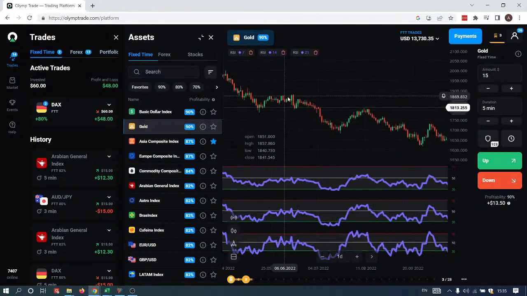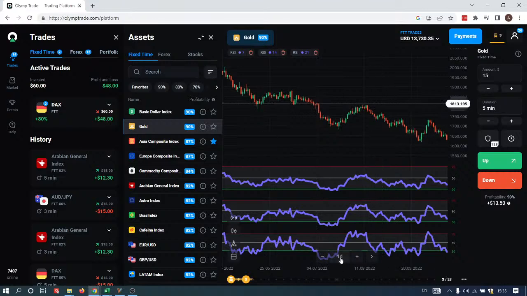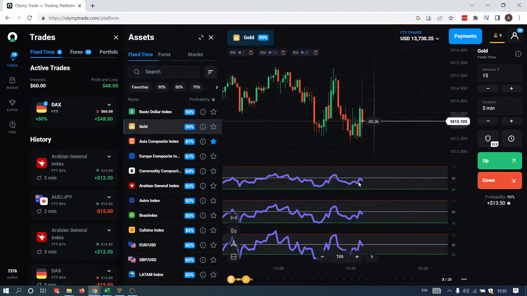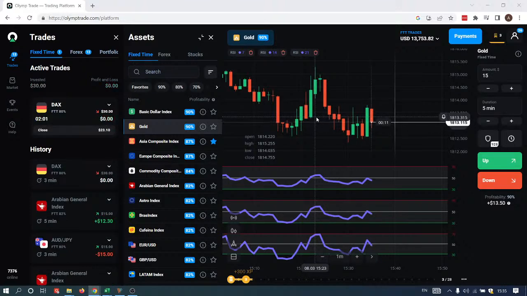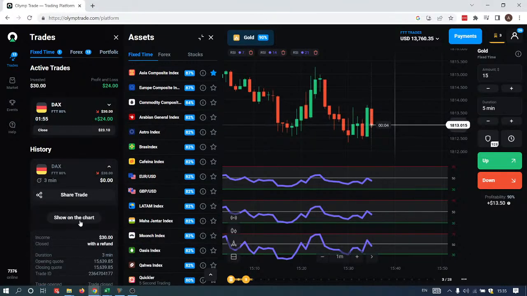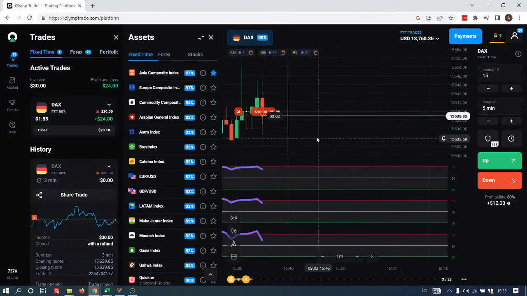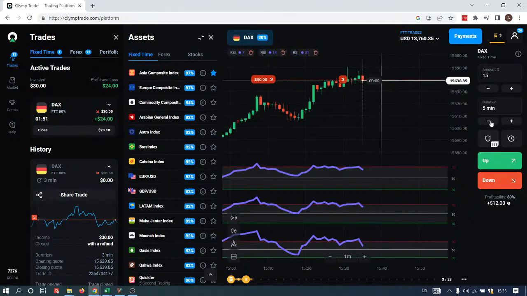It all comes down to being able to identify dojis and pin bars. These 2 elements are very important. All candlestick formations are based upon these 2 elements.